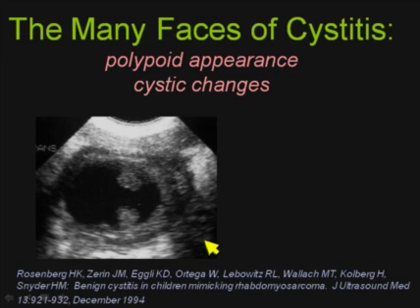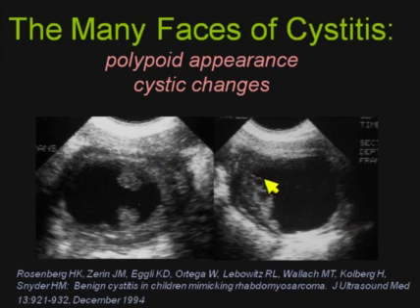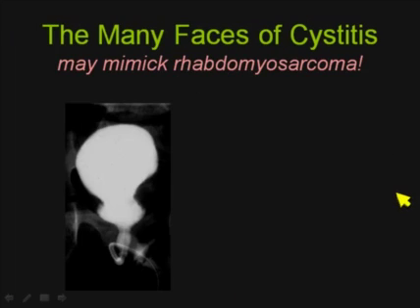Sometimes the bladder wall will develop a polypoid appearance, as we see here with this patient who had hemorrhagic cystitis, this thickening of the wall. Other patients may actually develop bullous cystitis that also can be demonstrated with sonography.